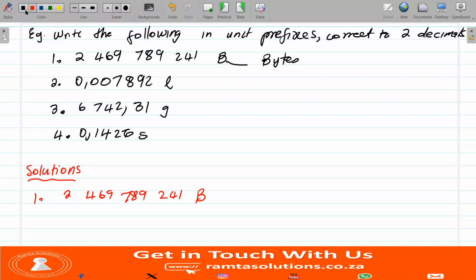We are saying this is 2.469789241 times 10 to the 9 bytes, which is basically 2.47 gigabytes. Perfect.